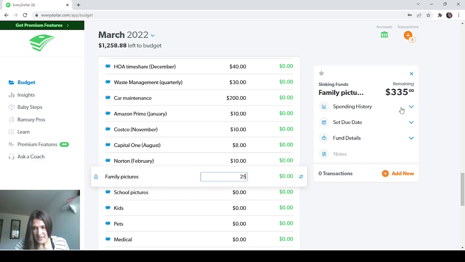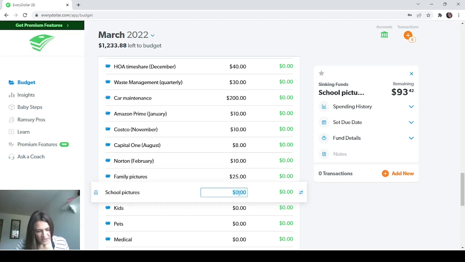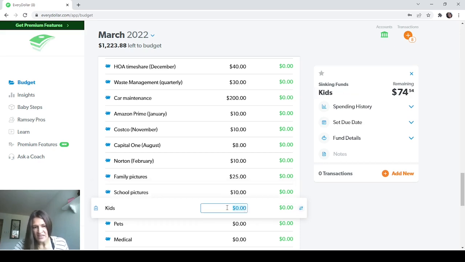And once this one gets up to 500 or even 400, I might back off on that. School pictures, this is another one that's getting built up quite a bit. My son, I think, has some pictures coming up with his pre-K class, so I'm going to see if they're doing that. And then the packages are usually about $75. So I'll leave that there for now, but we already got my daughter's pictures for this school year.